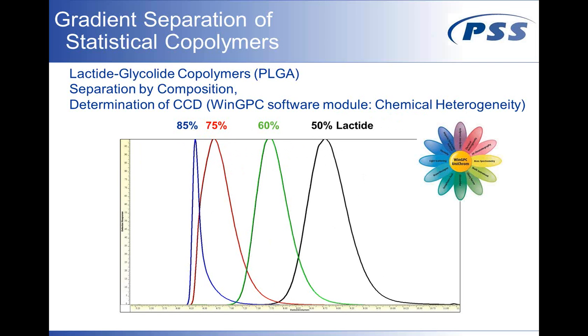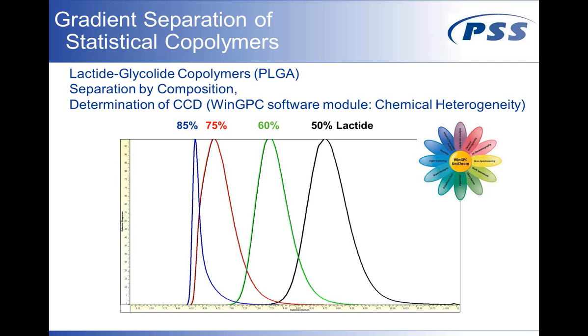It must be actually a very sharp peak. If you go to 100% polyglycolide, it is also a homopolymer, has no heterogeneity with respect to composition, should also elute as a quite sharp peak, while in the intermediate range you will have copolymers.